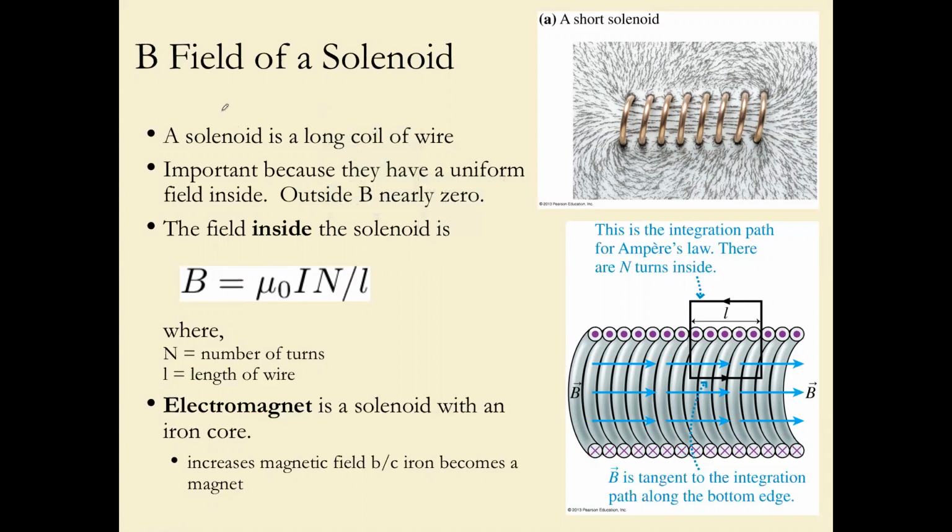Uniform magnetic field means having the same magnitude and the same direction of magnetic field at every point within some region of space. Up to now, what we have learned about magnetic fields were not uniform. A uniform magnetic field is generated with a solenoid.